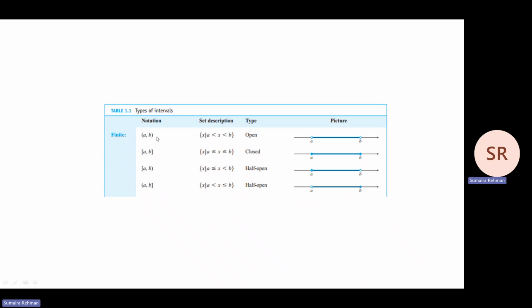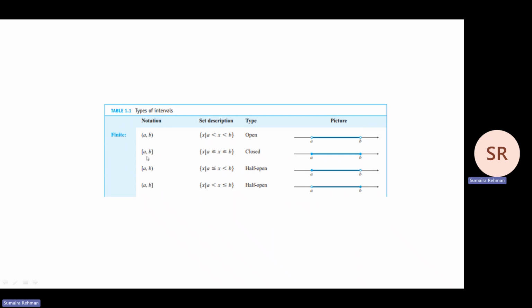This is a finite interval, but it is called the open interval because the starting and ending points are not included. We will not fill up the circle when we represent this interval over the number line.